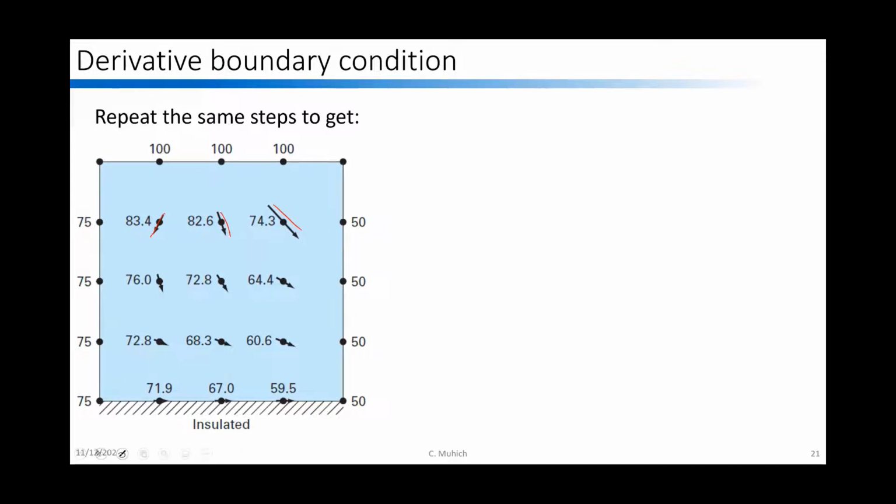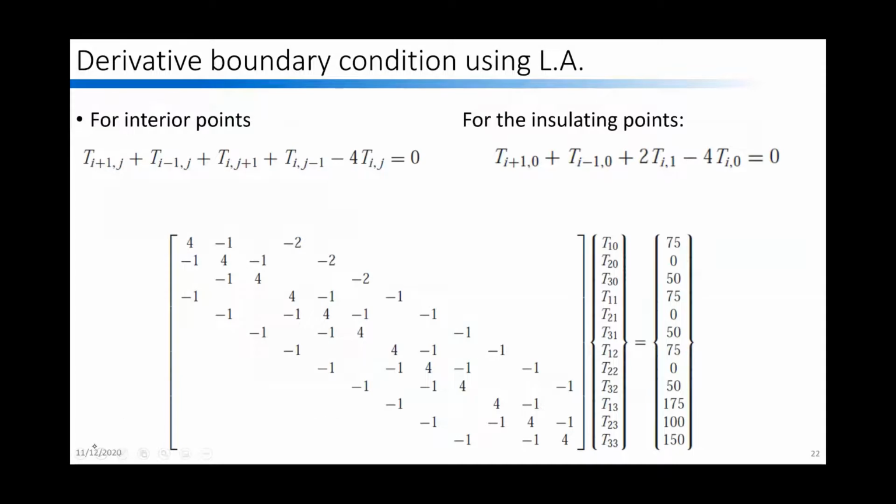So that's just to show how things are going to go. We could do the exact same thing using those imaginary nodes in that modified equation for the linear algebraic solution.